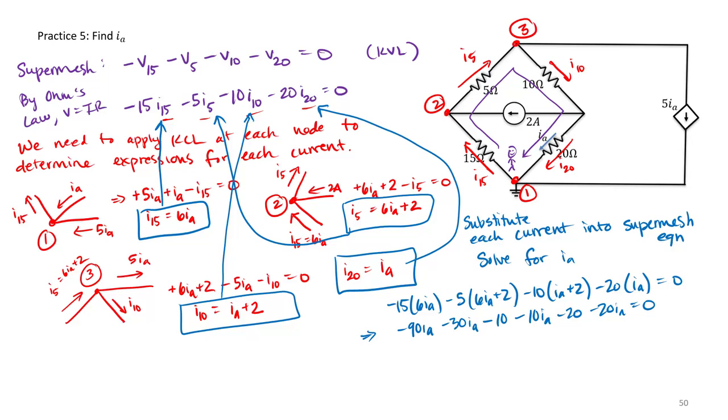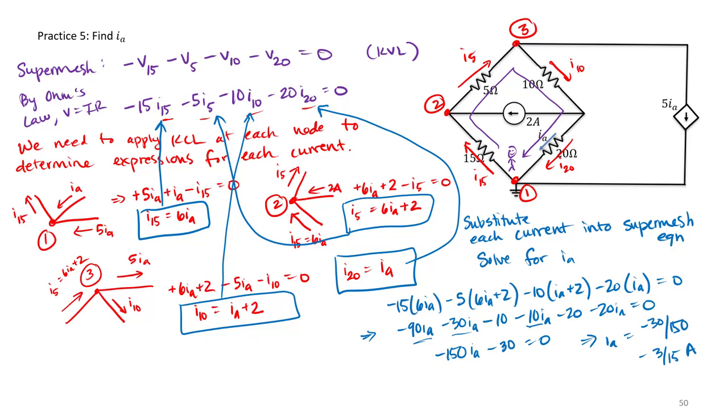If we combine like terms, we have negative 90 minus 30 is negative 120, minus 10, which is minus 130, minus 20, which is minus 150 I sub A, minus 10 minus 20, which gives us minus 30 equals 0. So we determine I sub A is equal to, in this case, negative 30 over 150, or negative 1/5 amps.